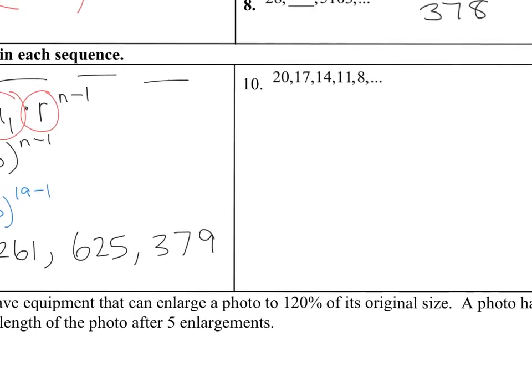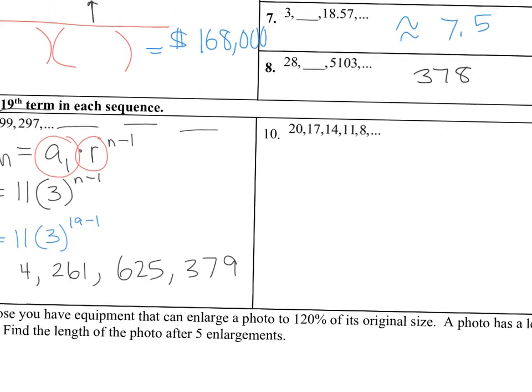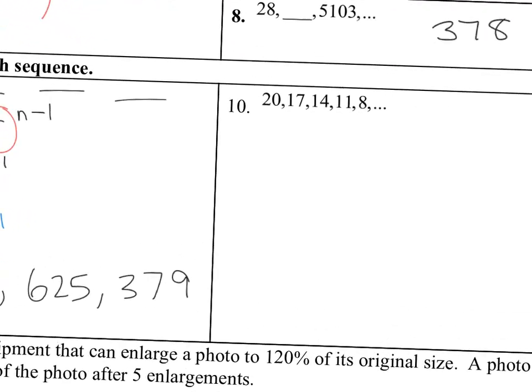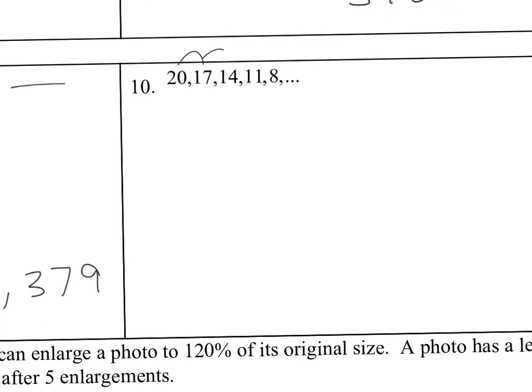And then number 10. Okay, I'm going to check this. At first I was thinking it was geometric just because that's the lesson we're on, but actually this is arithmetic because it's just going down 3 every time. So I'm going to use the general formula of an arithmetic sequence: a sub n equals a sub 1 plus the common difference times n minus 1.